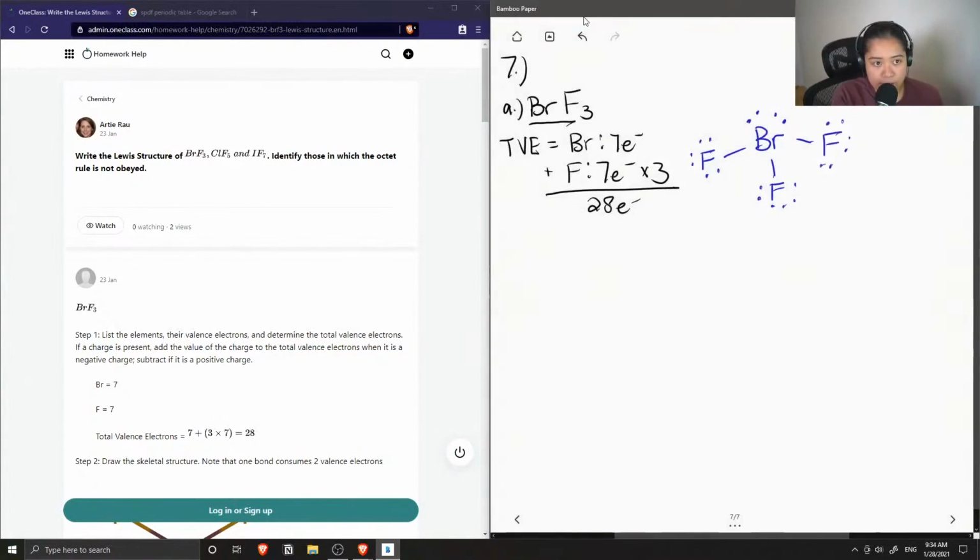So let me just put at the top here that the bromine can have an expanded valence shell, and it typically occurs when we have electronegative terminal atoms, such as the fluorine.